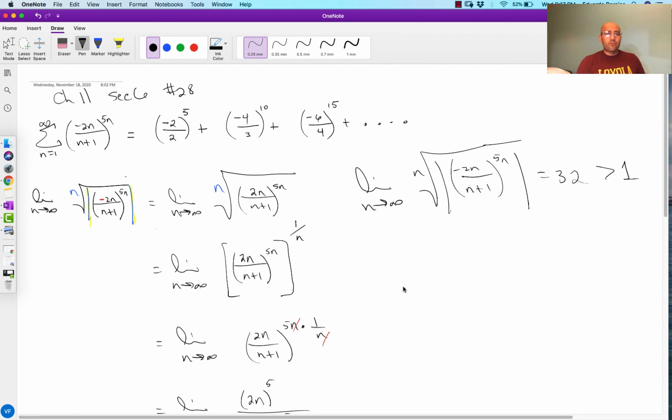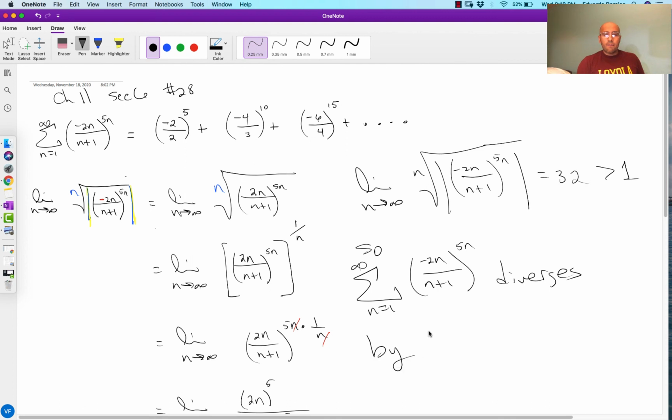So by the root test, that means that the series we're interested in diverges. So we've established that from 1 to infinity, the series we were interested in, 2n over n plus 1 to the 5n power, diverges by the root test.